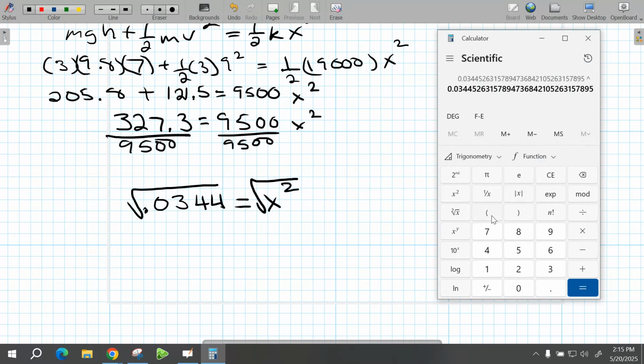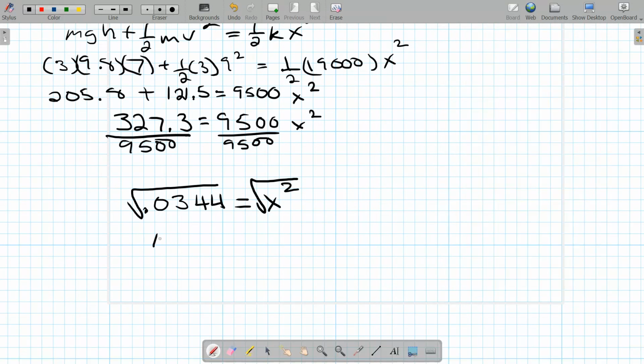I'm going to raise that to the 1/2, which is the same as taking the square root. So that's 0.186 meters.